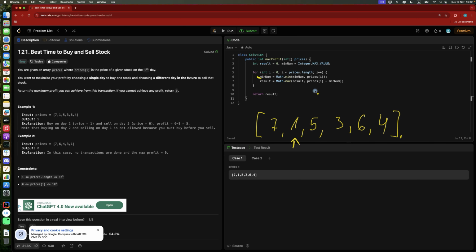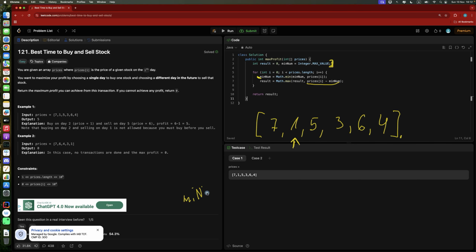And this here will check if 7 minus 7 will be 0, right? The first iteration. The min number will be 7, because first it's the max value of the integer, and it is smaller than this one, and it will become 7, the min num.